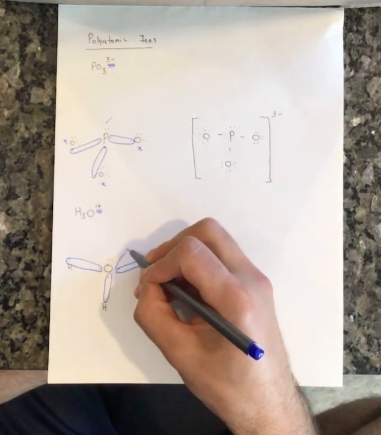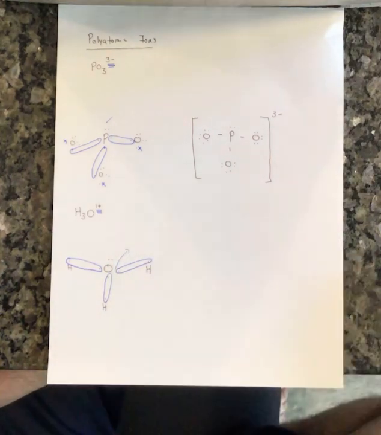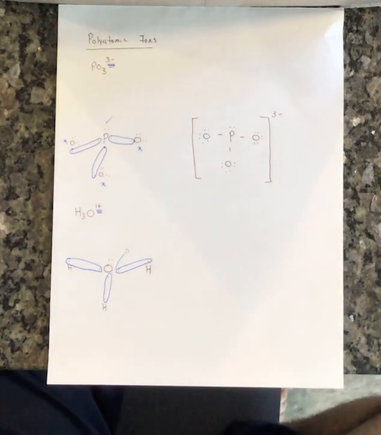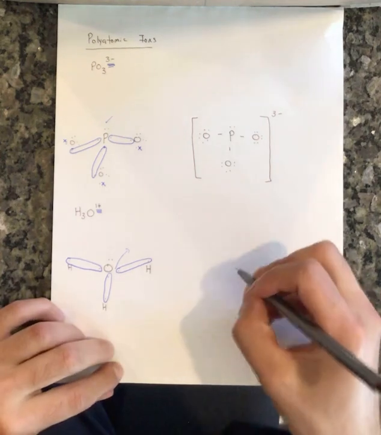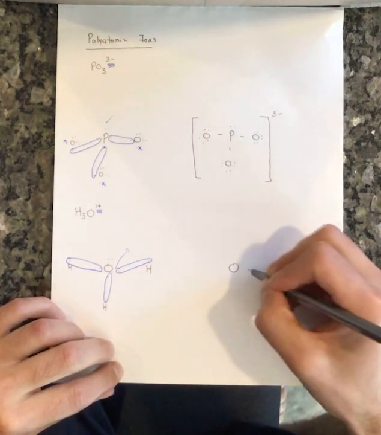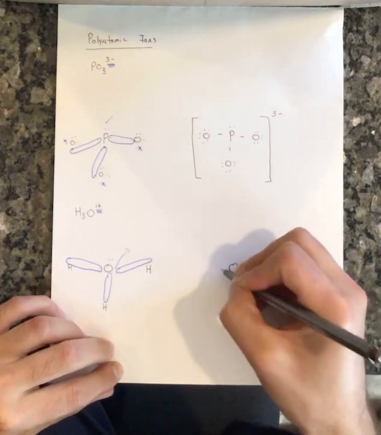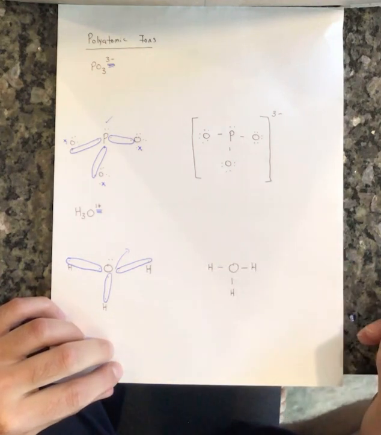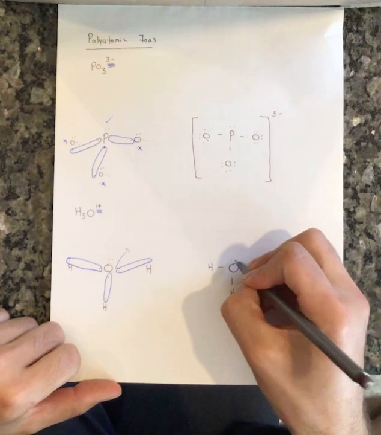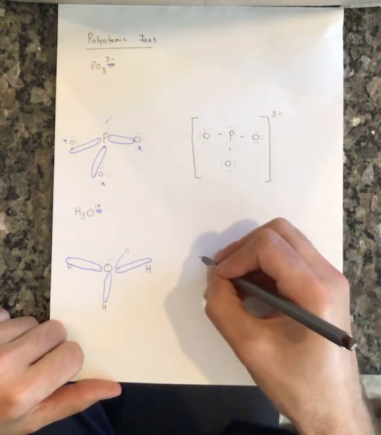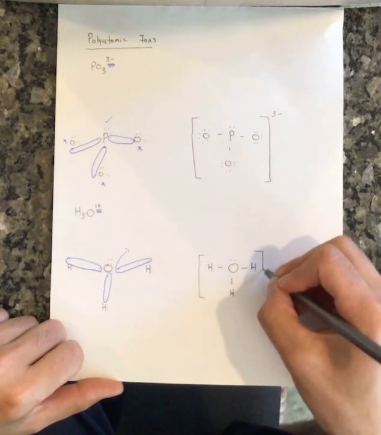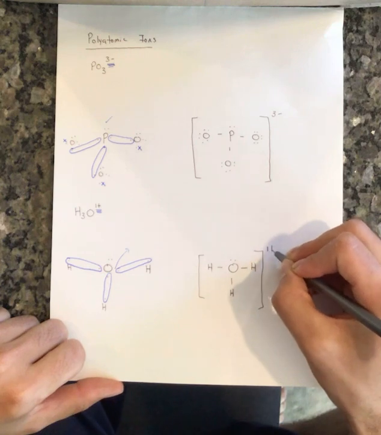So this one's going to go, okay? It'll kick it out. When that happens, we will have this here. We'll have oxygen in the middle, a bond to one hydrogen, a bond to a second hydrogen, a bond to a third hydrogen, and then I need my 2 electrons at the top. Square brackets, and I get 1 plus.